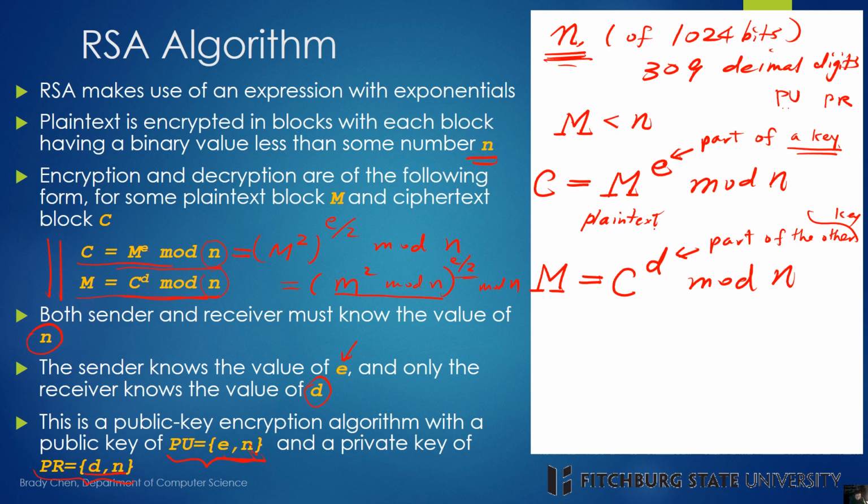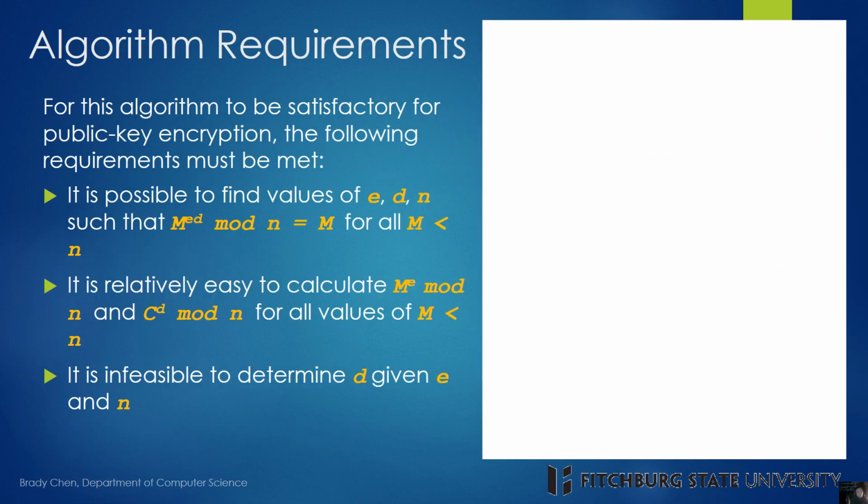So remember, in the previous slide, we said that the encryption should be very simple. Once we have a plain text M and we know E, we perform M to the E modular N, and this makes the ciphertext.